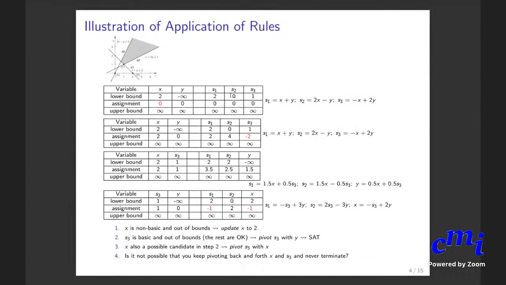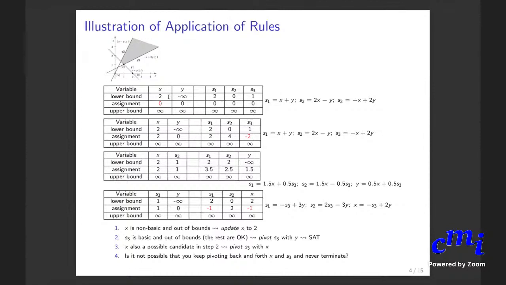By configuration I mean something like this. Given a set of non-basic variables, the tableau is defined uniquely, and given any lower and upper bounds for x and y, these S1 and S2, the other basic variables are always dependent on that, and therefore they are uniquely determined.